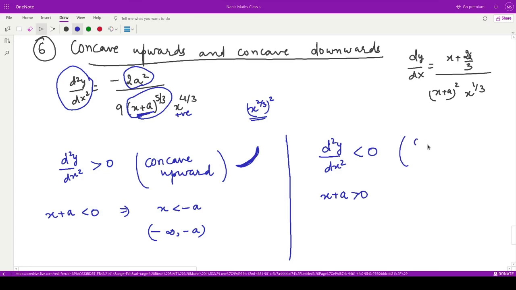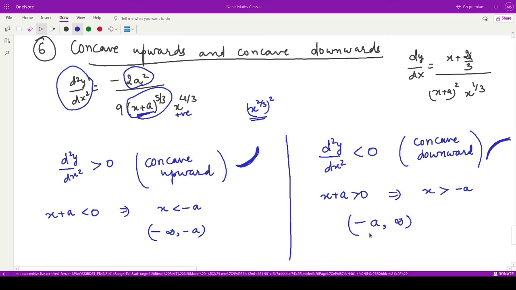This is the condition for concave downwards. So here if this is true, that means your curve would be something like this. So it won't be able to hold any water into it. So here the interval would be x strictly greater than minus a. So that means your interval becomes minus a to infinity. So in this particular interval, your curve is concave downwards.